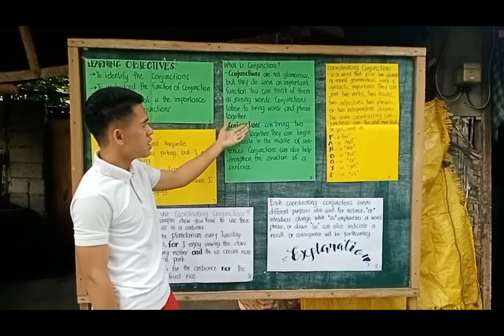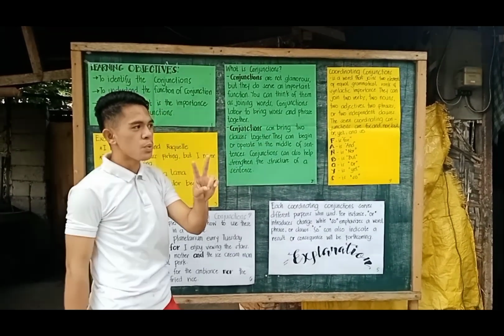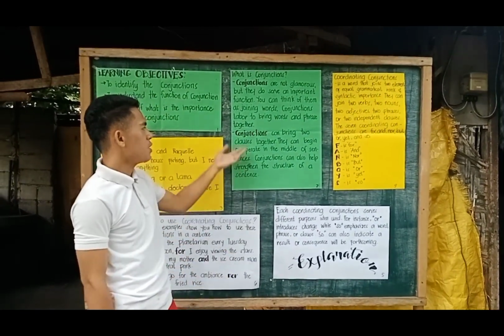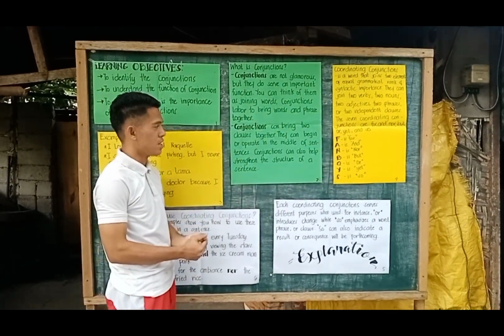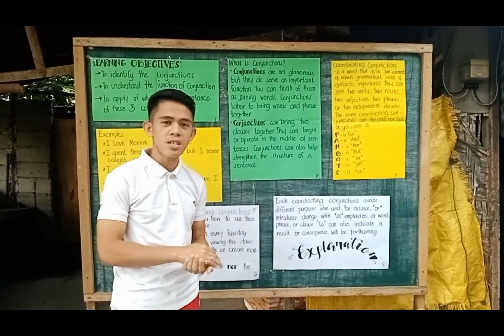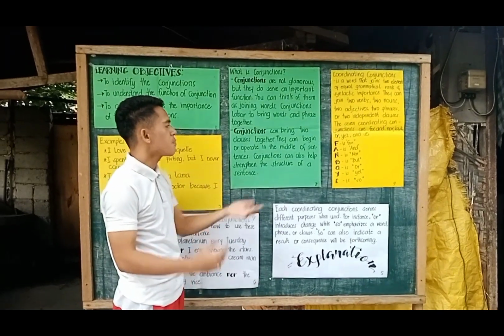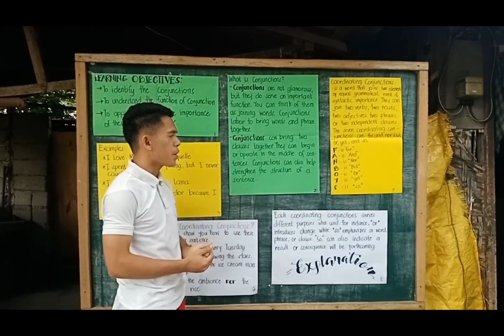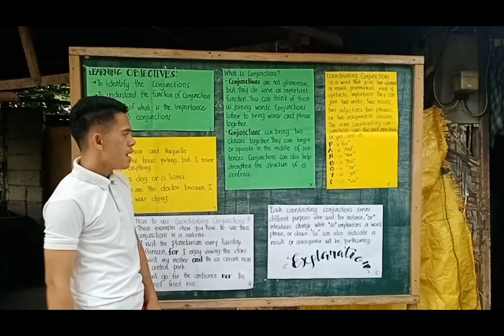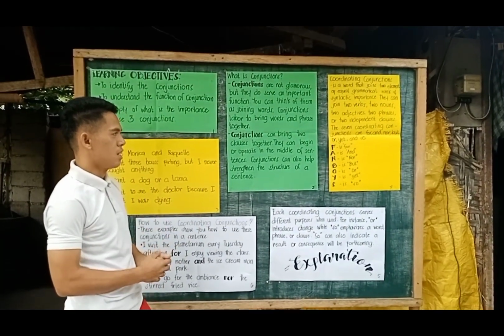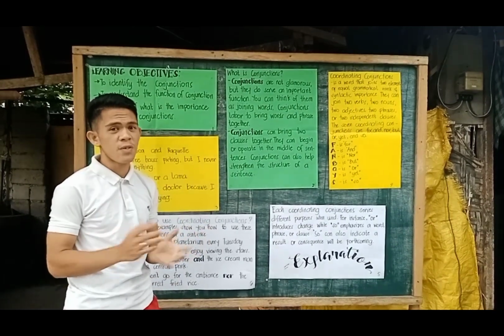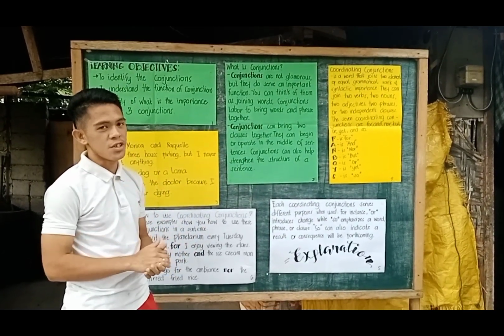Conjunctions can also bring two clauses together. We have independent clauses and dependent clauses, and conjunctions can begin or operate in the middle of sentences. Conjunctions can also help strengthen the structure of a sentence. So conjunction is very important in grammar.